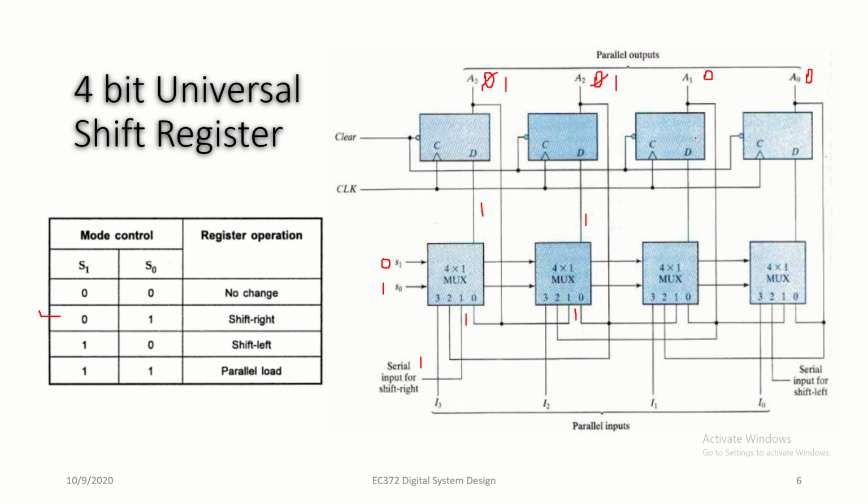At the third clock, again just see the connection, that is connected to the 1 input of the next mux. So here it would be 1, here it would be 1, and the output of this would be replaced with 1. So at the third clock the output would be 1 1 1 0. After that, at the fourth clock, this one would shift here, this would be 1, this would be 1, and this would be replaced with 1.